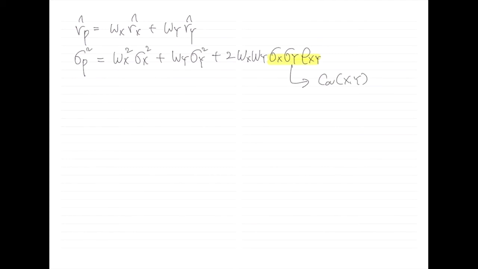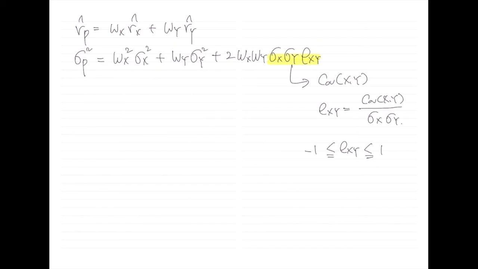So rho XY can be calculated by covariance of X and Y divided by sigma X times sigma Y. And rho XY moves from -1 to 1. What does it mean?